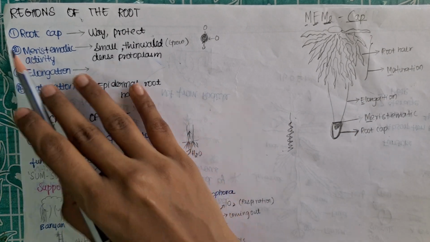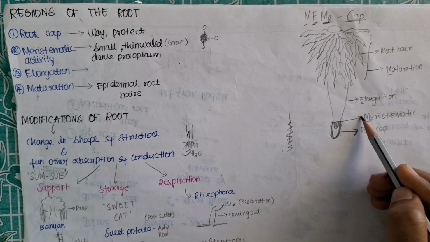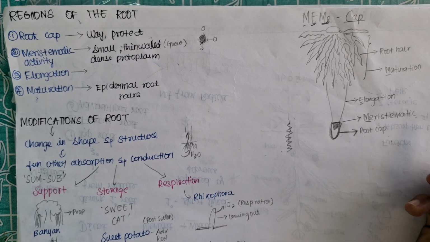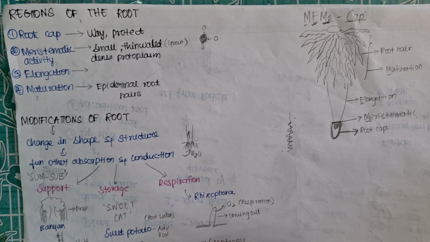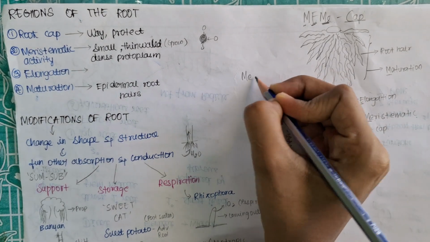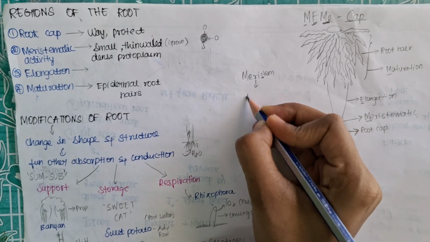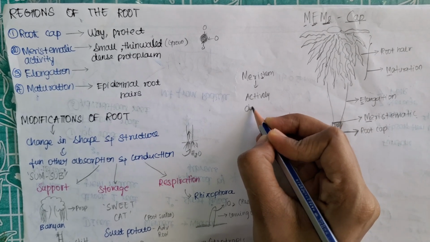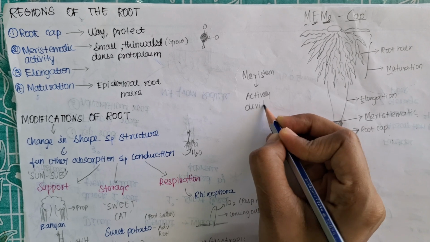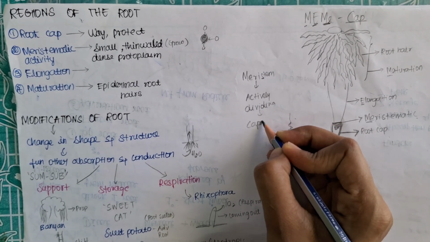Okay, now let's talk about meristematic activity. So this part is called the meristematic region. So what is this meristem? Whenever we say meristem, this word means actively dividing, which means the capability to reproduce, right?